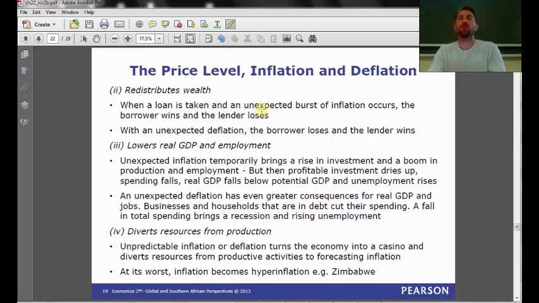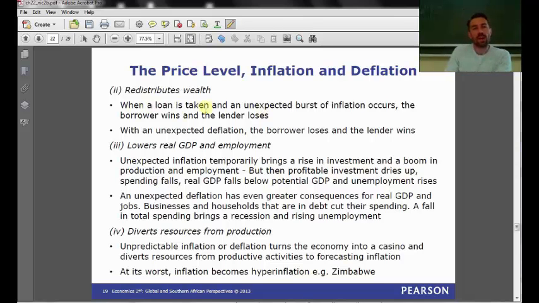So if I borrow 100 Rand today and I agree to pay back 110 Rand in 1 year's time, if in 1 year's time, with an inflation rate of, say, 20%, when I repay that 110 Rand, the purchasing power of that 110 Rand will be less than the original 100 Rand was. You get it?